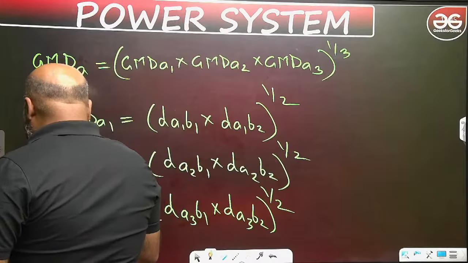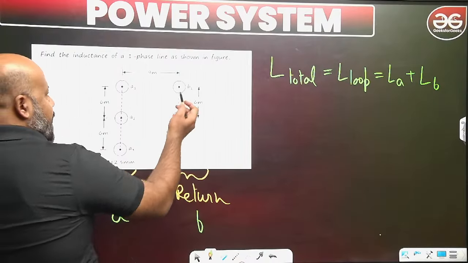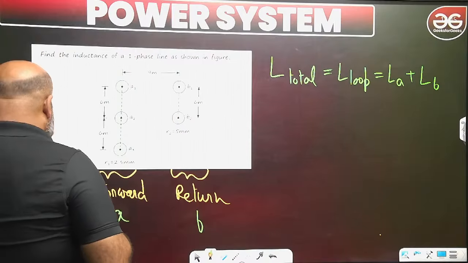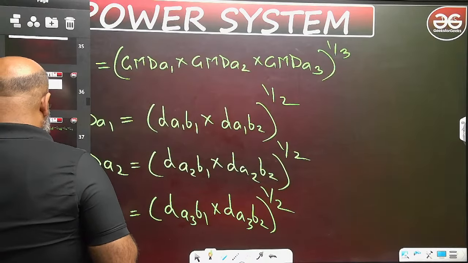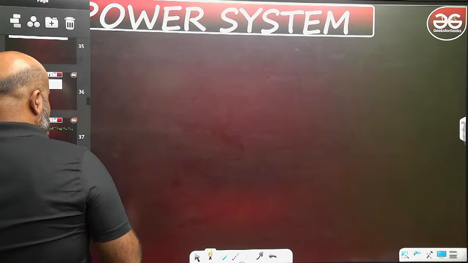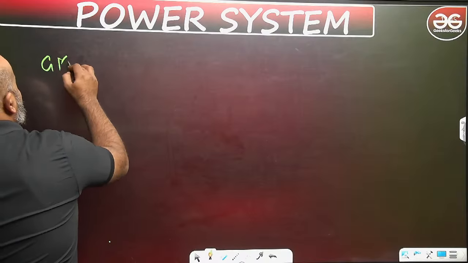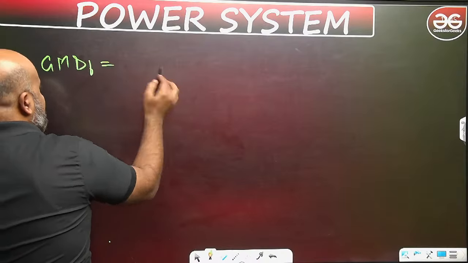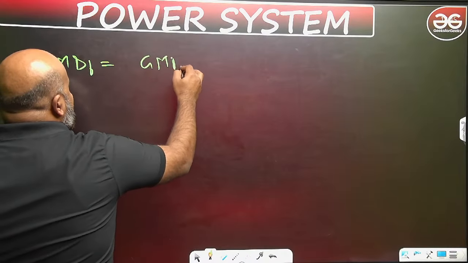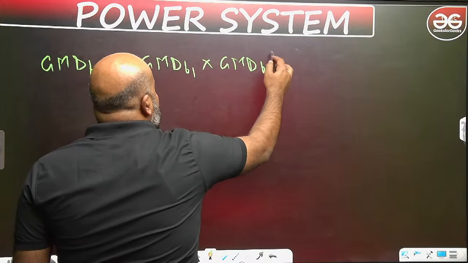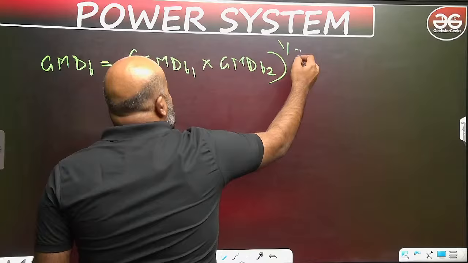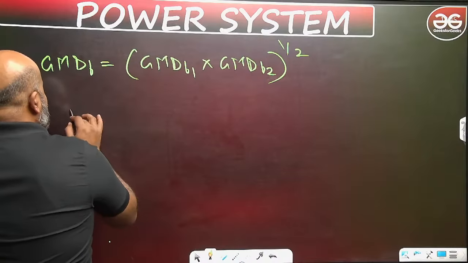Similarly, if I have to calculate the GMD for B conductor, how am I going to do it? Just tell me. Now you can tell me. If I am writing GMD for B, it has B1, B2, so I will write GMD for B1 and GMD for B2, with power 1 by 2. What is GMD B1?